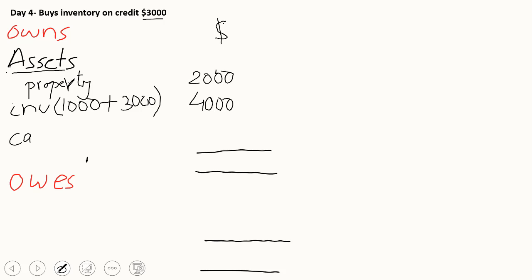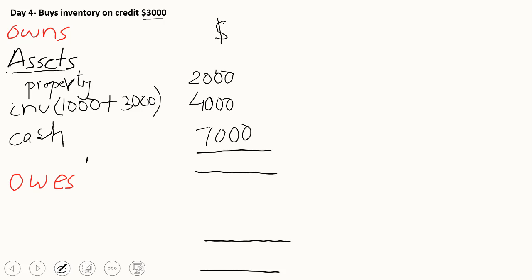Cash was 7,000. But was inventory bought on cash? No. So there will be no changes in cash as well. So cash would remain same as 7,000. But what has changed here? Is there any liability? Yes.